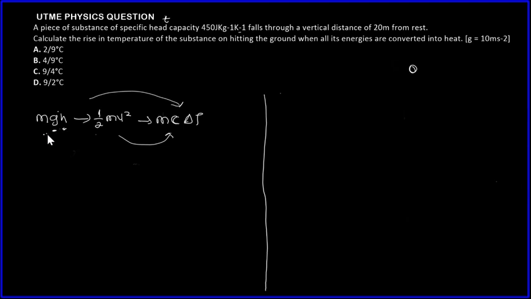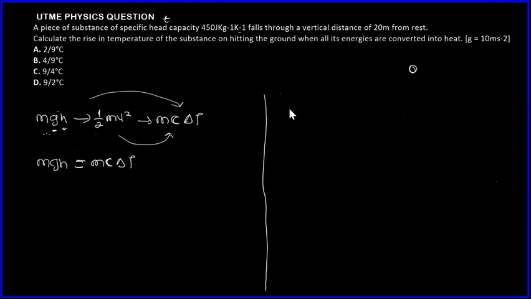So we know that this is what we need to use to get the rise in temperature. So we can say the potential energy got converted to what? Kinetic, to heat energy.